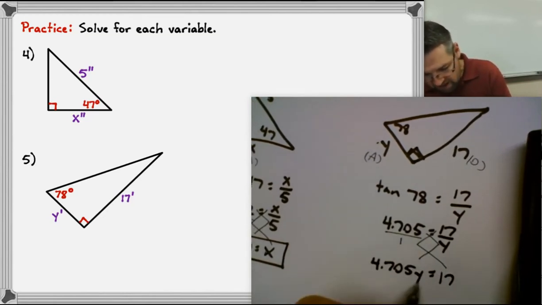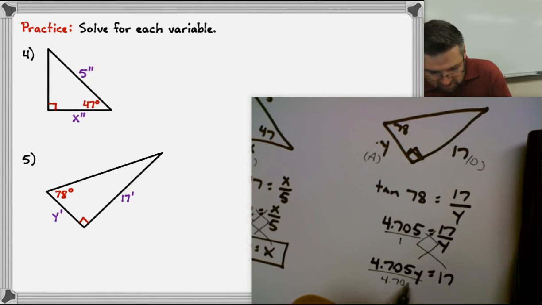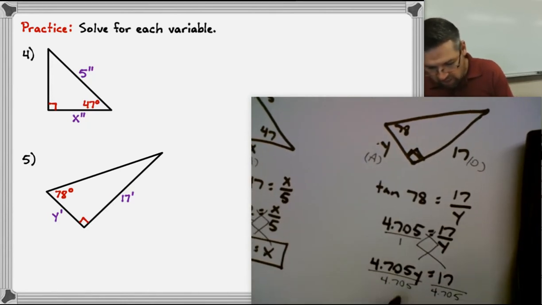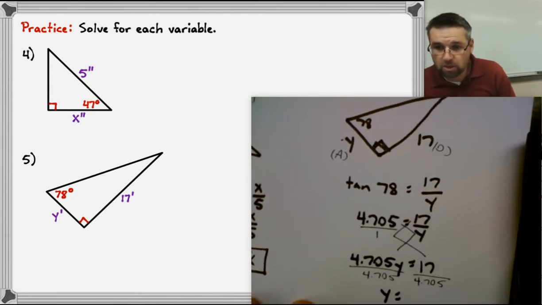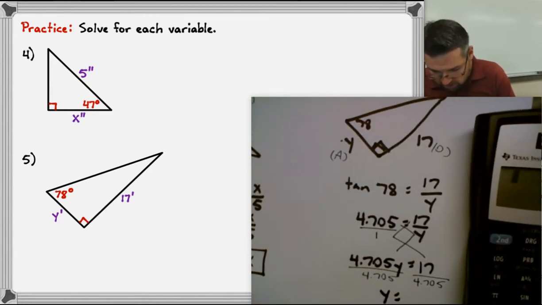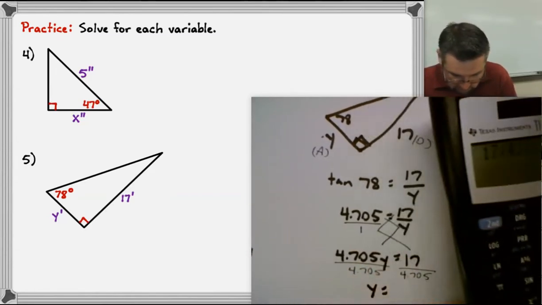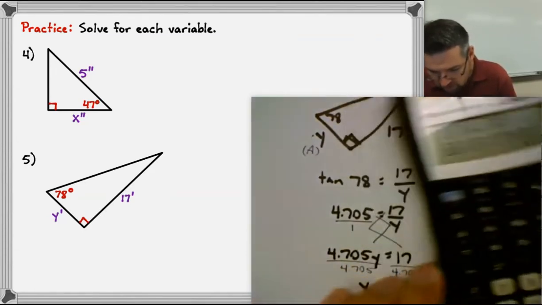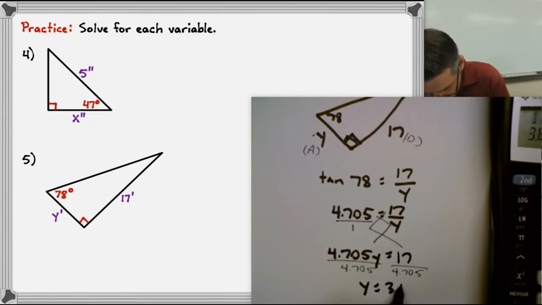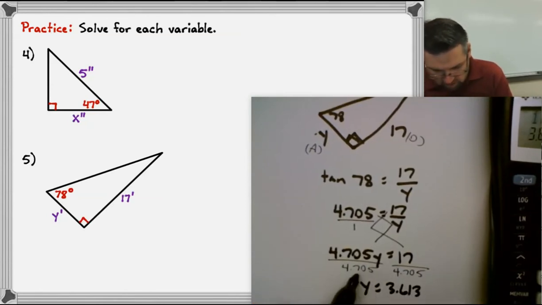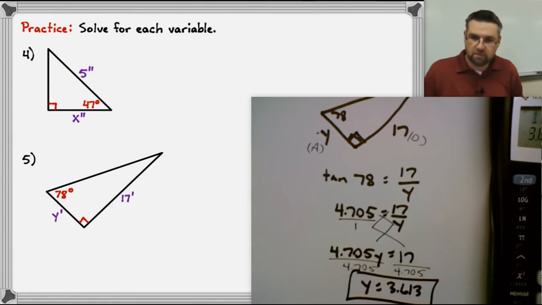And then we'll go ahead and divide by 4.705. So we end up with y equals, well, calculator time, 17 divided by 4.705. We end up with 3.613, and that is our final answer for that missing side.